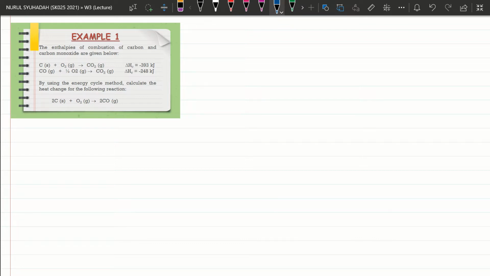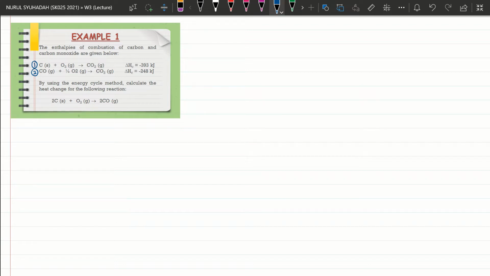Your job right now is just to construct the energy cycle diagram, because the thermochemical equations are also done for you. They're given here, so we don't have to write them down. Let me label over here: this is equation 1, this is equation 2, to make it easier for me to explain.